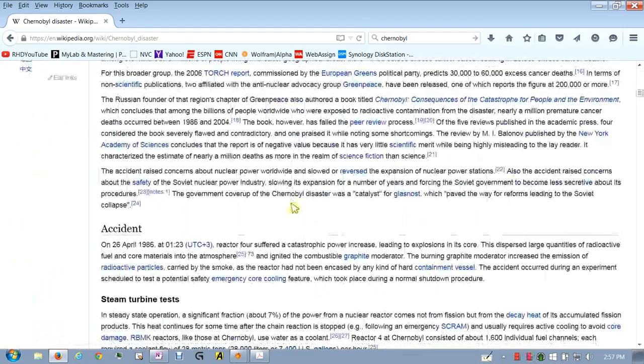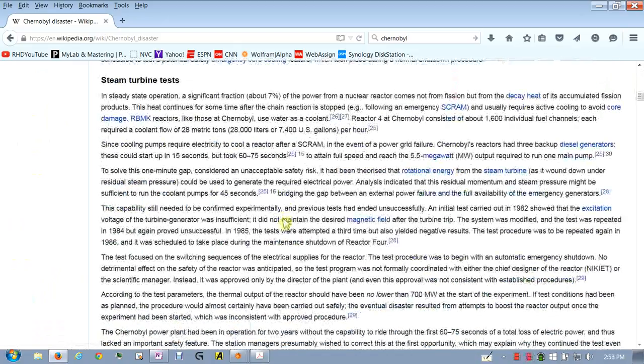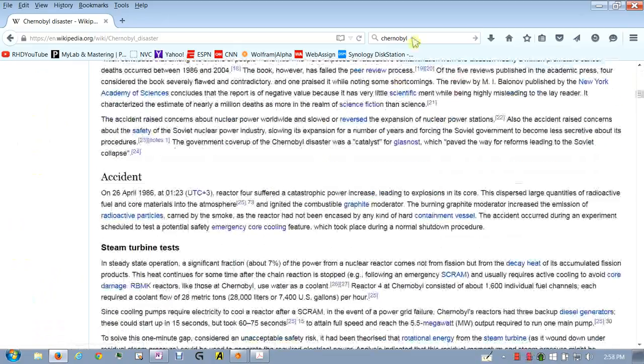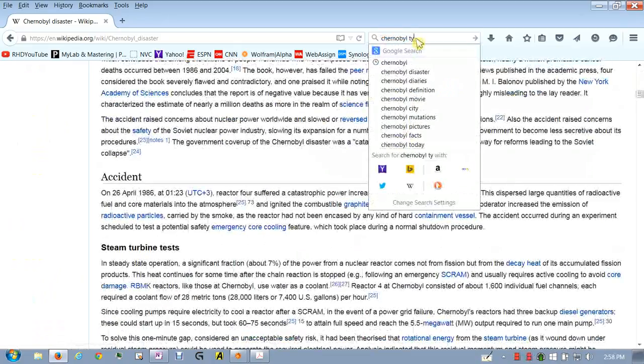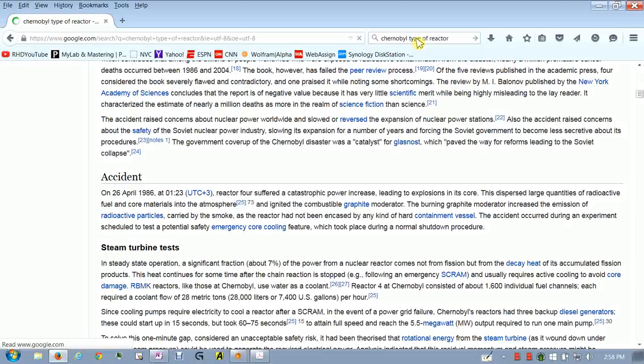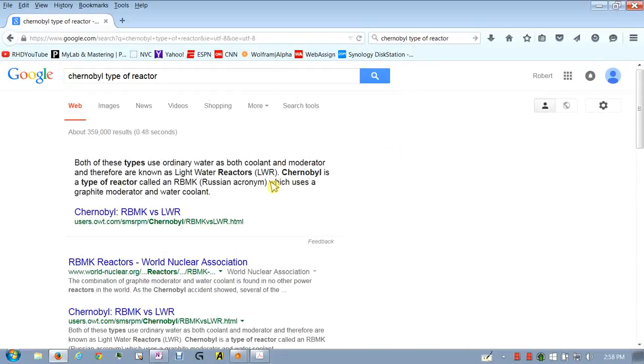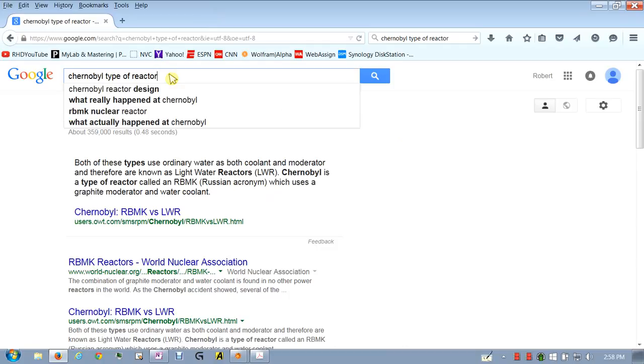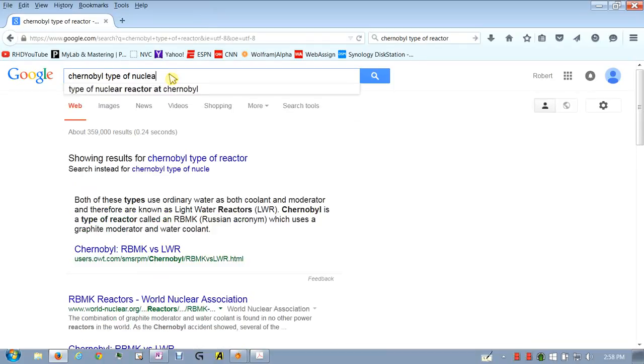Well, you know, it was the first thing that came up. But I want Chernobyl type of reactor. That'll probably tell us what was in it. Type of nuclear.